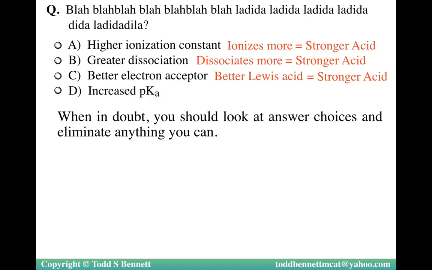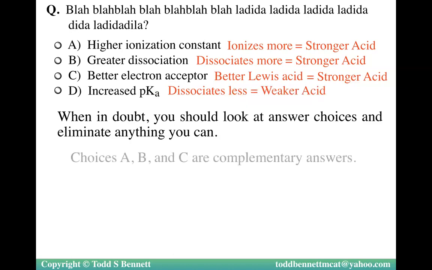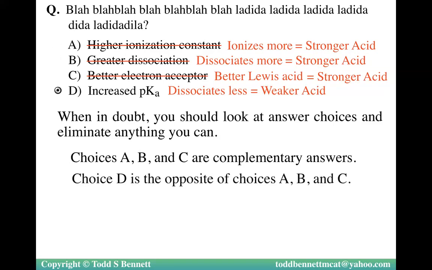So increased pKa means it is getting less acidic, dissociates less. So for a question like this, even though I don't know what the question is asking, A, B, and C all complement. So D must be my best answer. Not that you'll see a question like this in your near future, but occasionally if you don't understand a question, but you have good vocab, you can work your way through a lot of multiple choice questions.